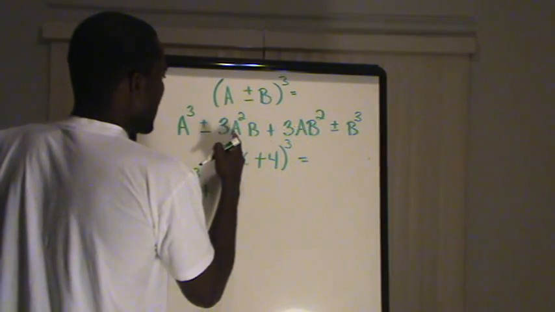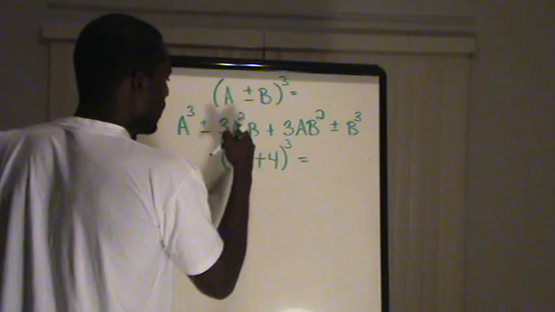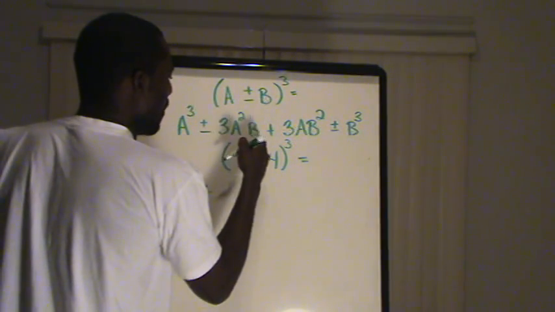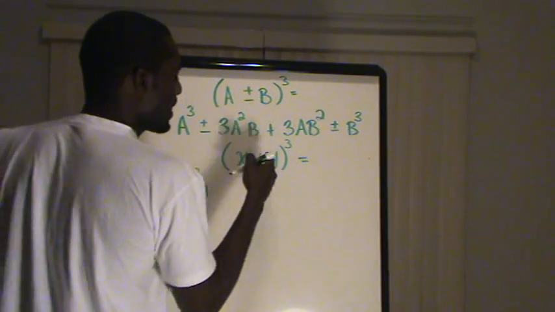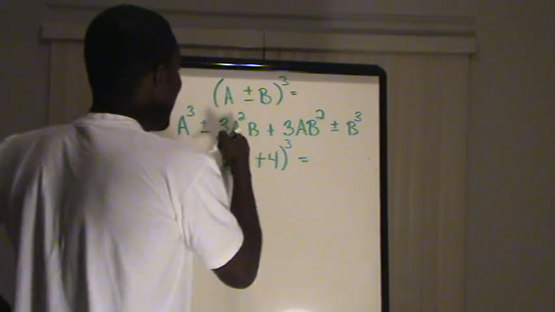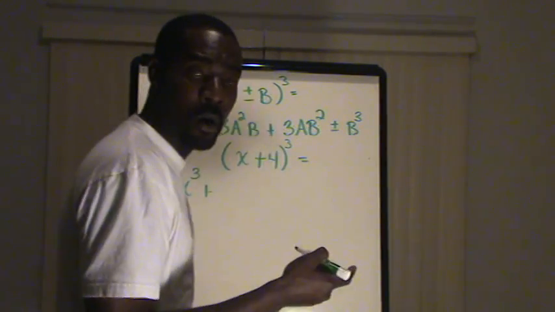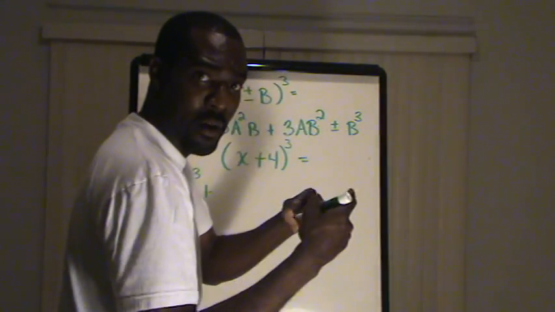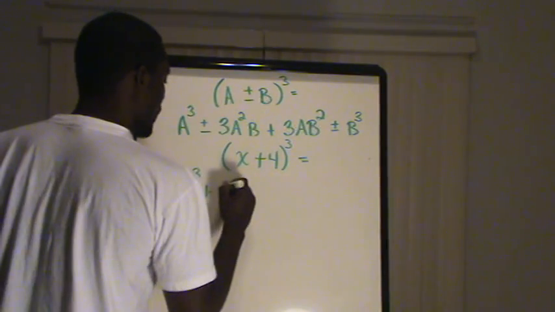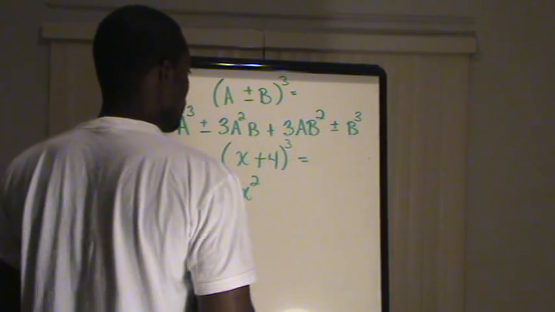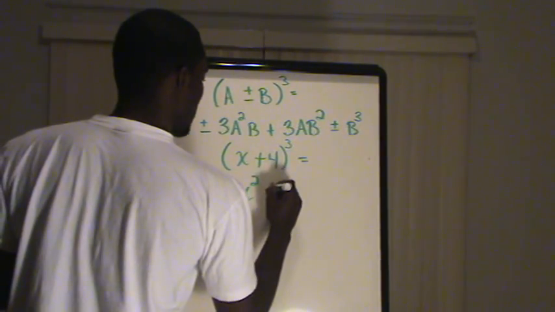We take the first term and square it, which is x squared, and then multiply it times b, which in this case is 4. So a squared b is x squared times 4, which is 4x squared. When multiplied by 3, we get 12x squared. The same thing here will be plus.